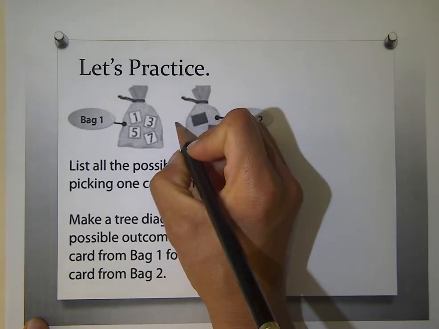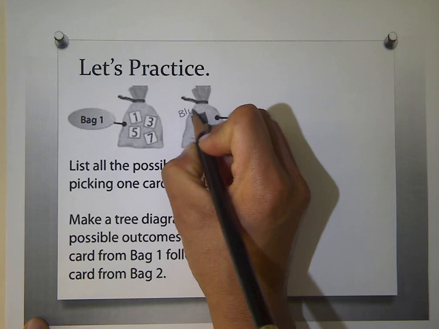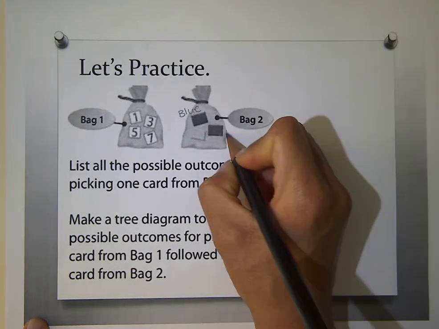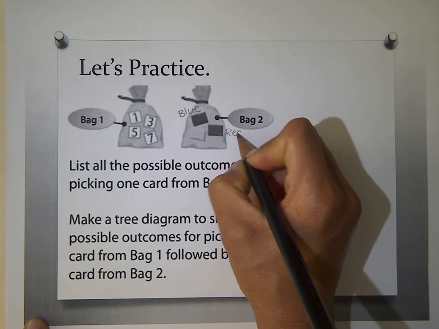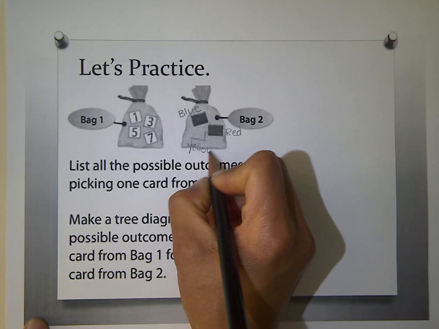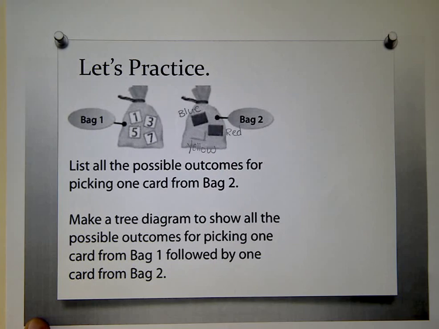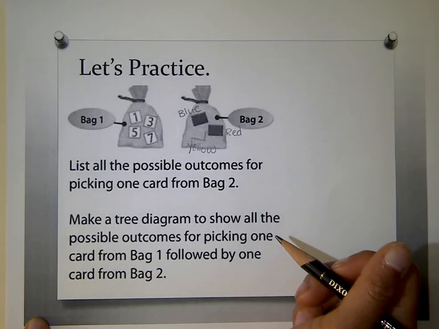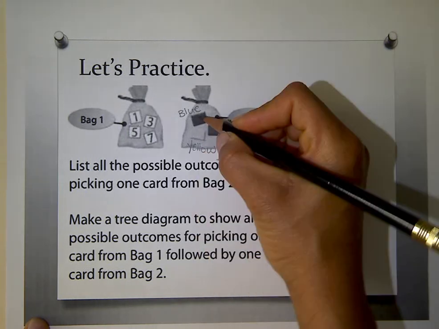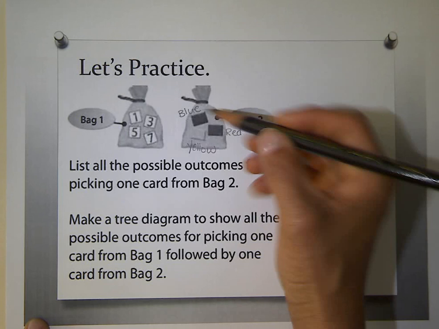A blue rectangle, a red rectangle, and a yellow rectangle. What are all the possible outcomes for picking one card from bag 2? So I can pick a blue rectangle card, a red rectangle card, or a yellow rectangle card.